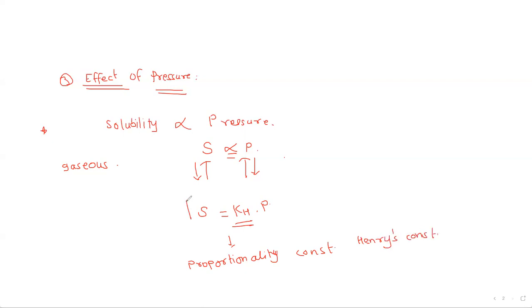So Henry's law is this: solubility of any gaseous substance is directly proportional to pressure, and we can further say that S is equal to KH into P, where KH is the proportionality constant, also called Henry's constant.